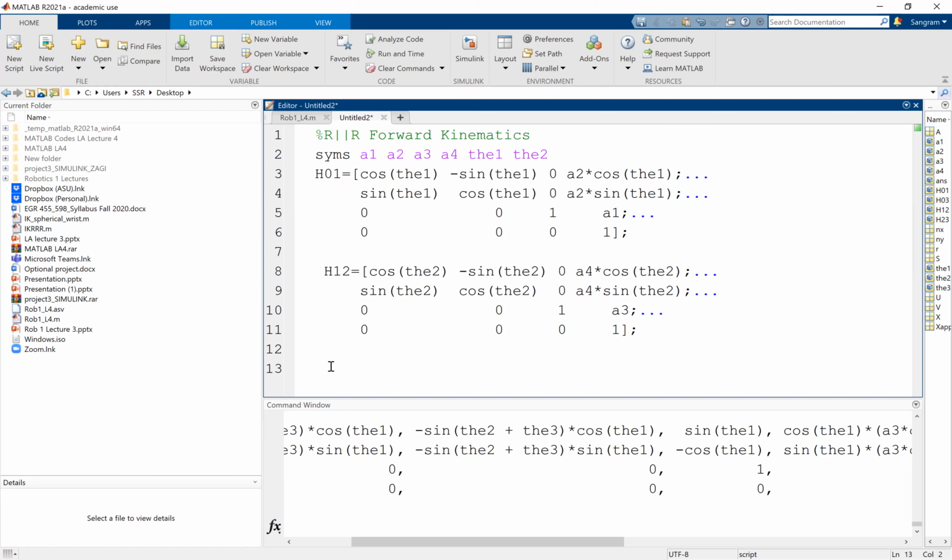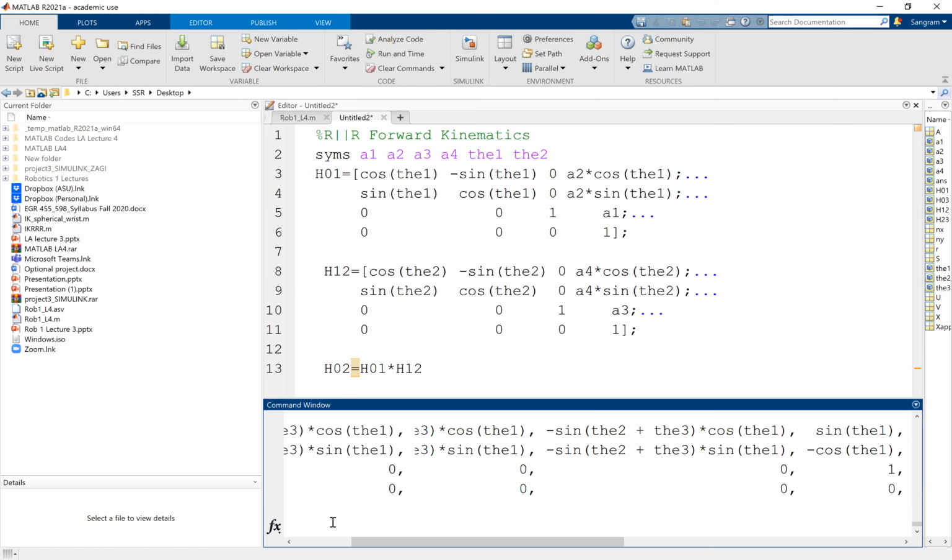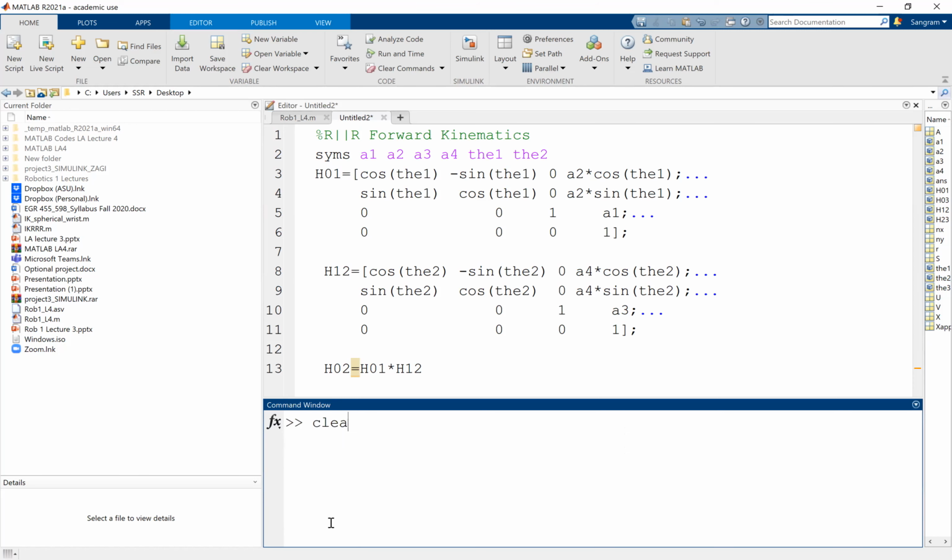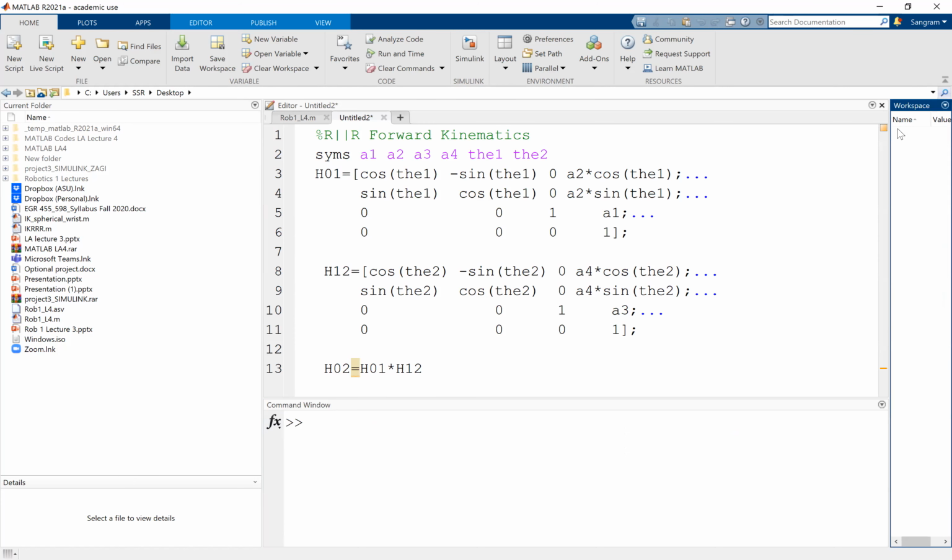Then I'm gonna do the multiplication. H02 is equal to H01 multiplied by H12, right? And I'm just gonna say clear all, so that I do not have any variables in my workspace.